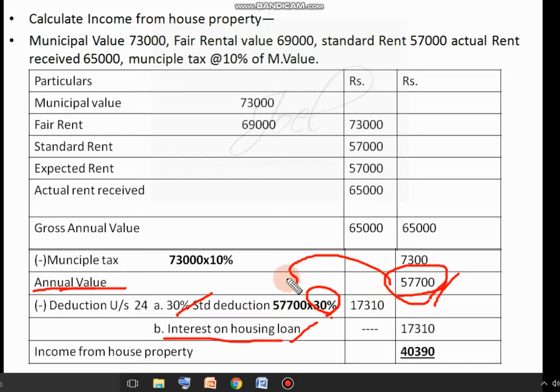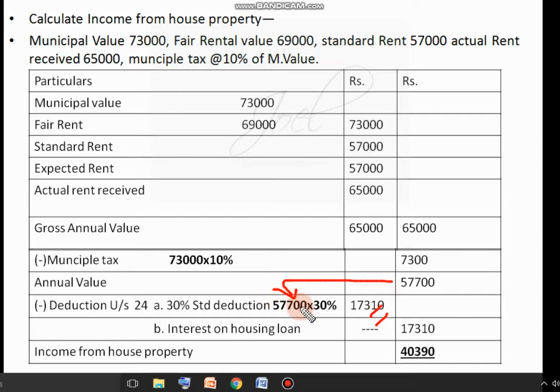So annual value multiplied by 30% standard deduction, when we calculate that, we arrive at 17,310. This 30% will remain fixed. So when I calculate, I get 17,310.